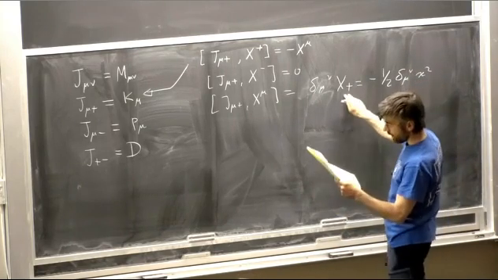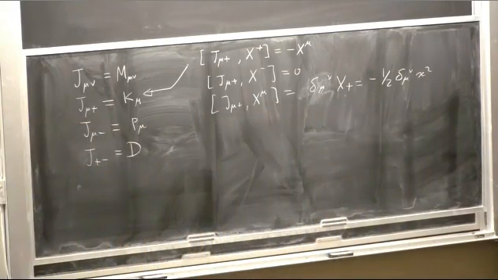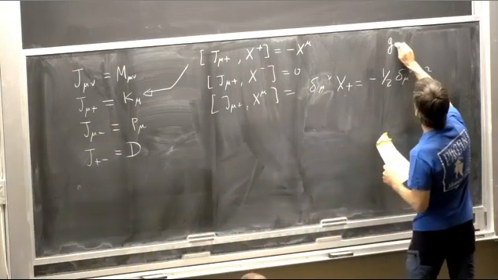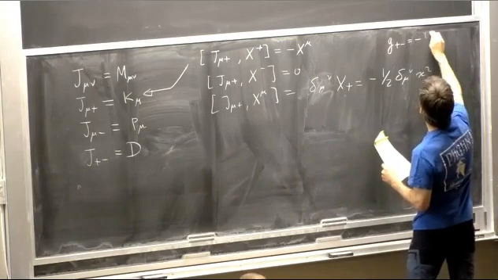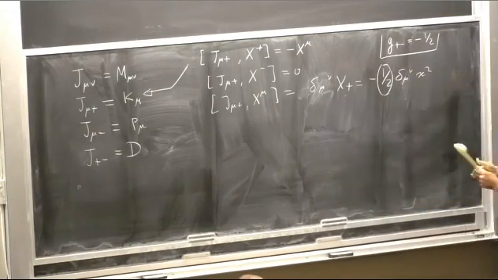If I'm in the Euclidean section, x minus is equal to x squared, and so once you lower the indices, I'm using here the fact that in the metric I have this matrix element G plus minus equals minus 1/2. So this explains this factor minus 1/2.